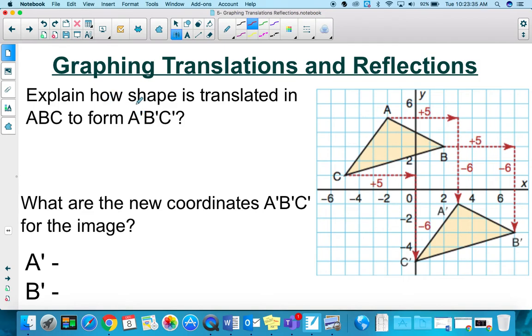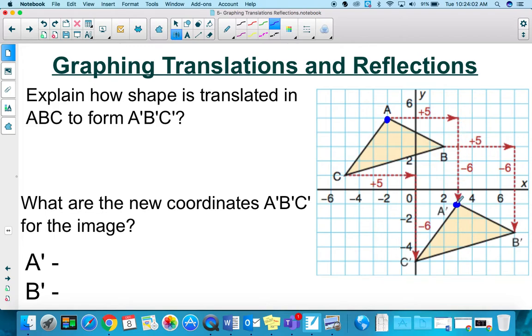So let's explain how the shape is translated in ABC to form A'B'C'. So we're going to look at it. All you have to do is figure out, well, let's go from our A coordinate here, and what did we do to get over to A prime right over here? And remember, we always have to go on the X, and then we do the Y afterwards.